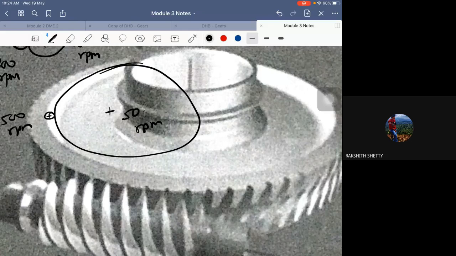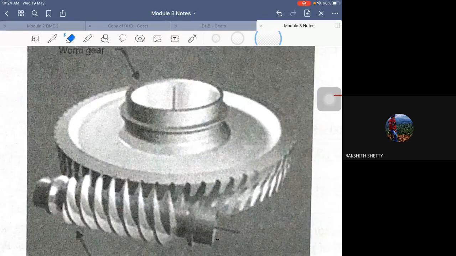So in order to reduce this problem, if I want a high velocity ratio, then I would go with a worm wheel. Suppose this worm rotates say 10 rpm, so if 10 revolutions turn, what happens? Only a bit of this wheel would be moved, only this much.